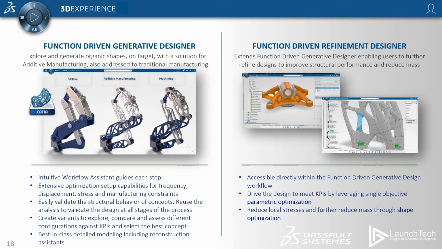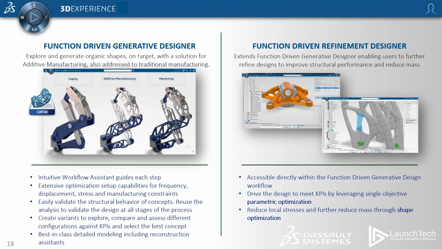With this, you will get very intuitive workflow assistant guides. As I told you in the beginning, you will get a set of operations that you need to do. The system will tell you, these are the next steps that you need to run. You also get extensive optimization setup capabilities for frequency, displacement, stress and manufacturing constraints. You will be able to easily validate the structural behavior of concepts.